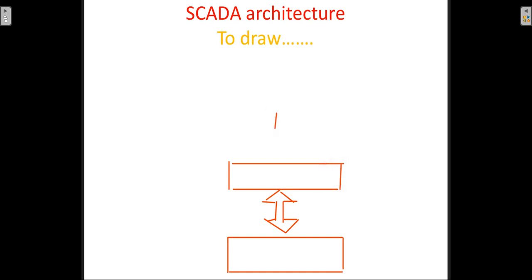Then you have one more here, one more channel, something like this. Please note down these things very carefully and properly. So you have got one more block here, something like this. Then you have one more channel here, like this.